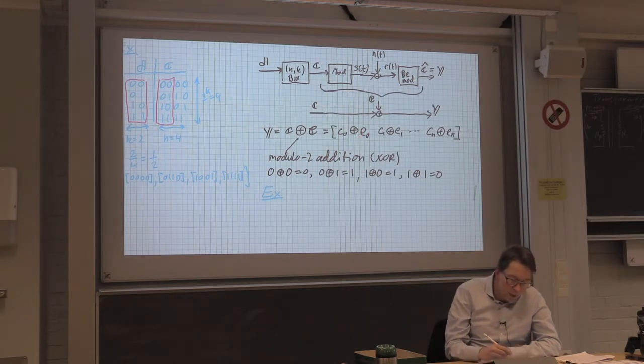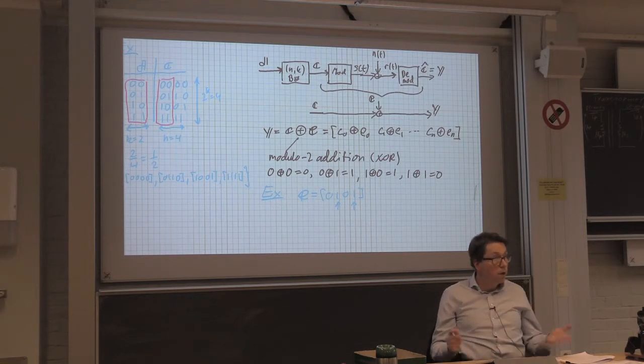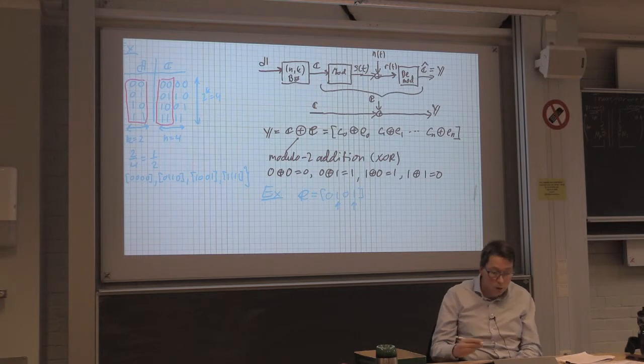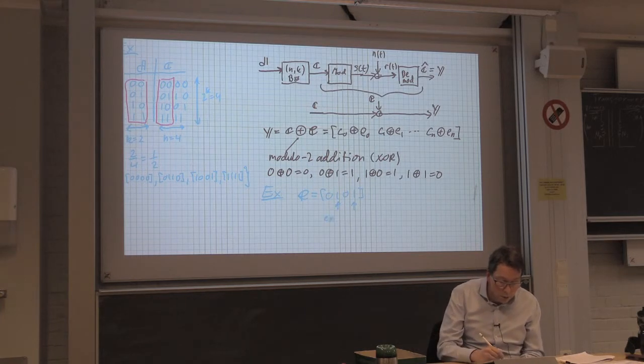So an example of the error pattern E could be 0101. The positions where the error pattern is 1 tell us where the errors occur, so these are the error positions.